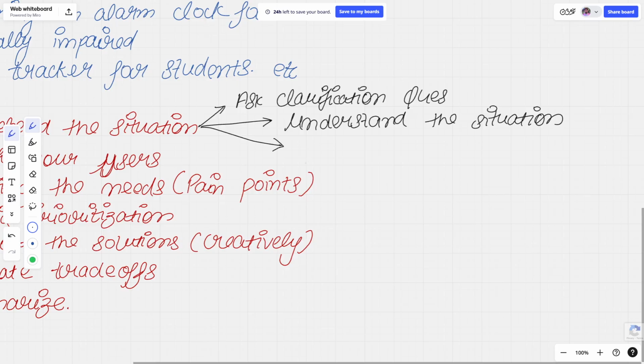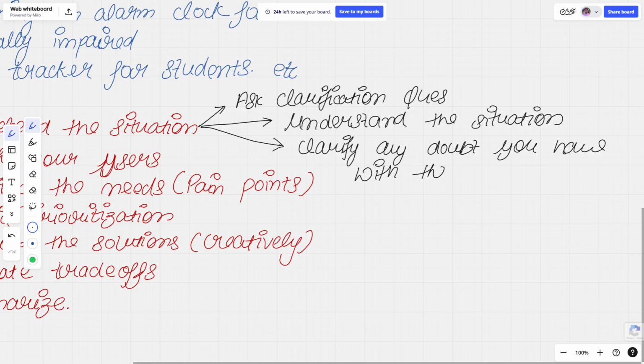This is the only step where you can clarify any doubt you have with the situation or the problem given by the interviewer.